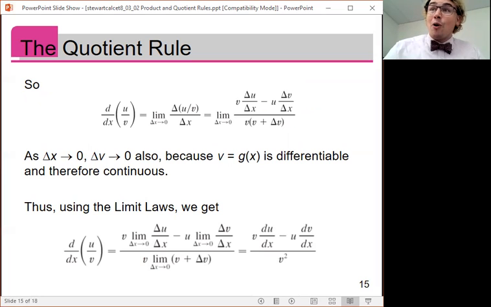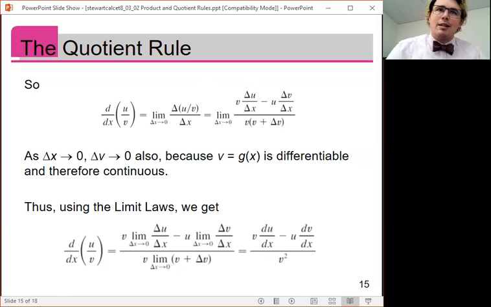Now, to go from my deltas, my differences, to an actual derivative, I need to divide delta of u divided by v by delta of x. And in the limit as delta x goes to 0, I get the derivative. So I can rearrange my fraction, the very same fraction from the previous slide.